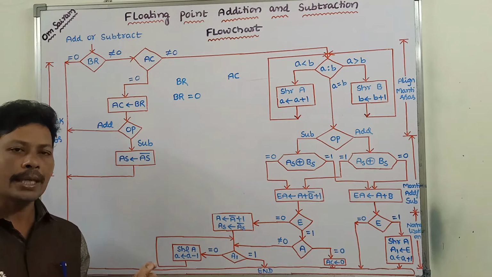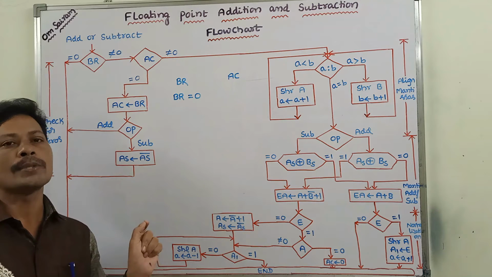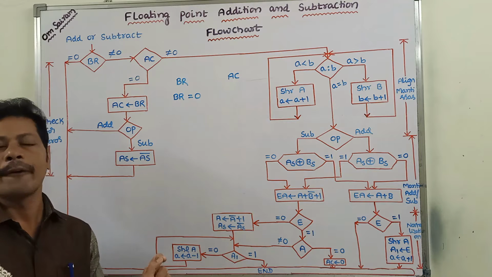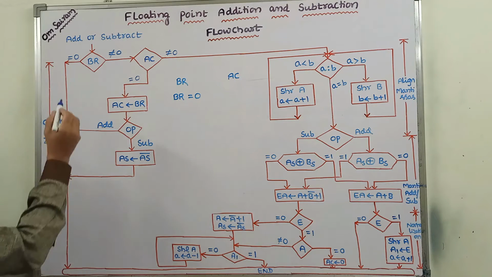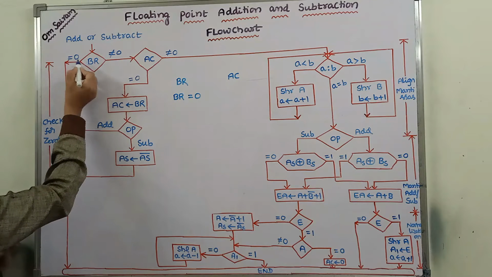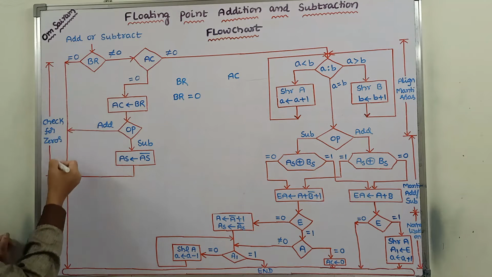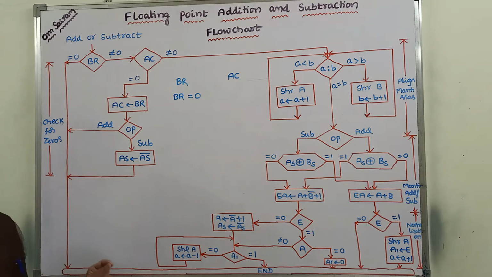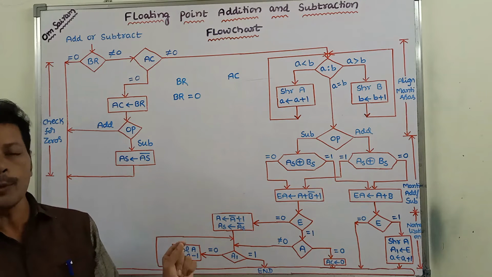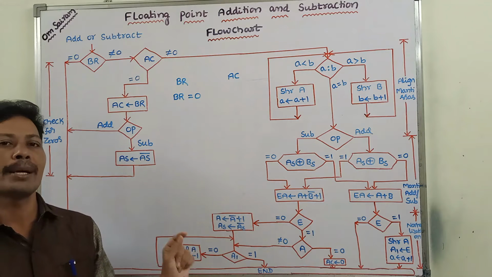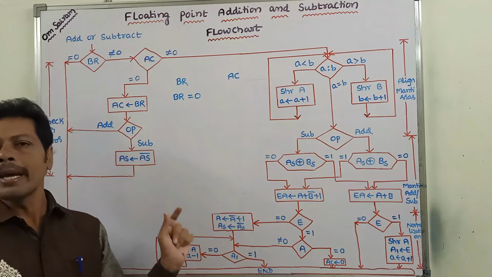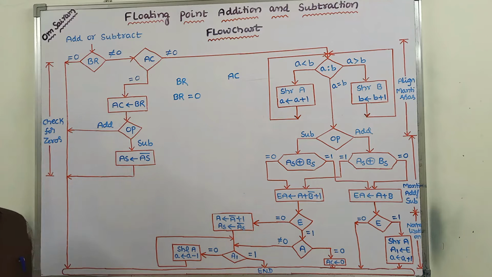So when BR value is equal to 0, we end the process, because the value present in the AC register is the result of the corresponding operation.